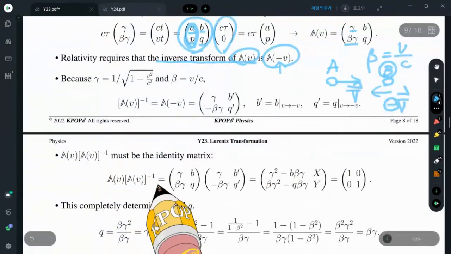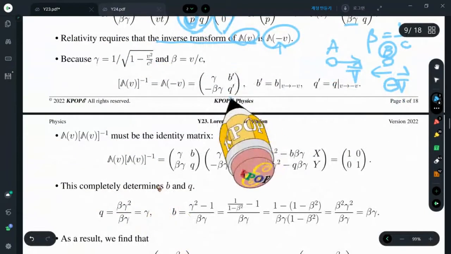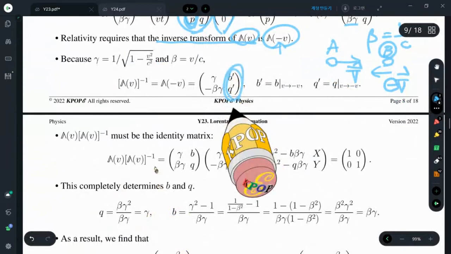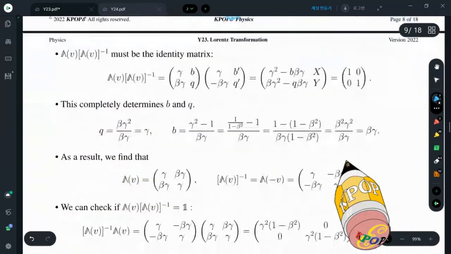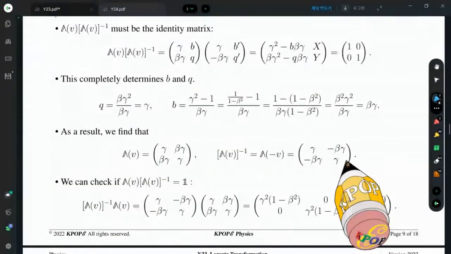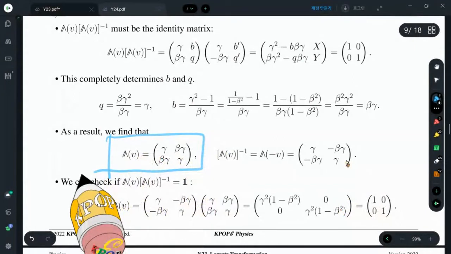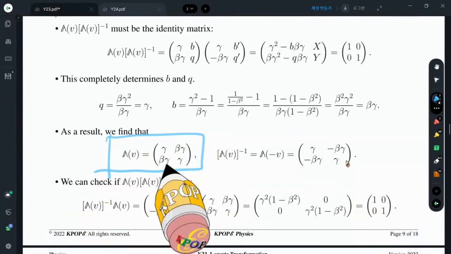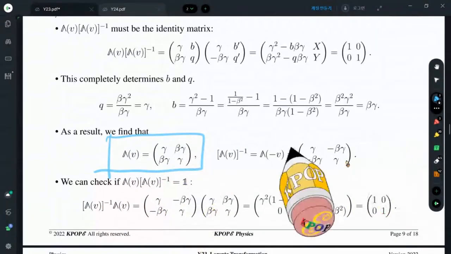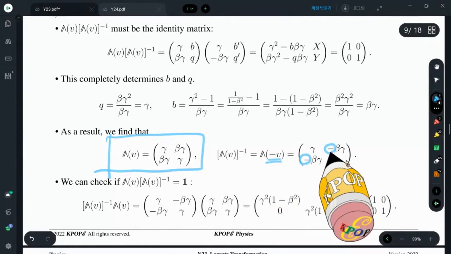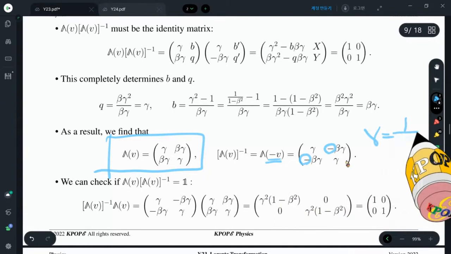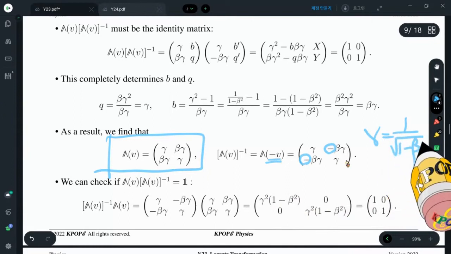In this manner, we can determine the other two elements, and the details of the calculation are given here. Finally, we have determined the matrix for the Lorentz transformation is of this form. An inverse can be obtained by replacing v with minus v. That is this, because gamma is independent of the sign of beta.